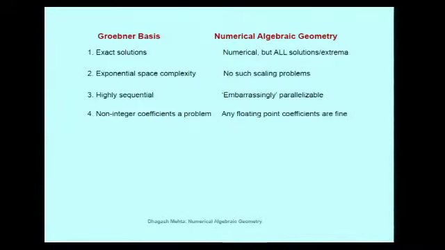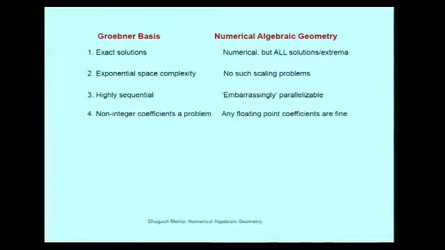Just a brief comparison between the two methods. In the Gröbner basis technique, you can get exact solutions. Here you can get numerical solutions, obviously. But there is a sharp difference between this and the Newton-Raphson method or any other method. Here you can get all the solutions. Okay, this is sharply different than any other method.